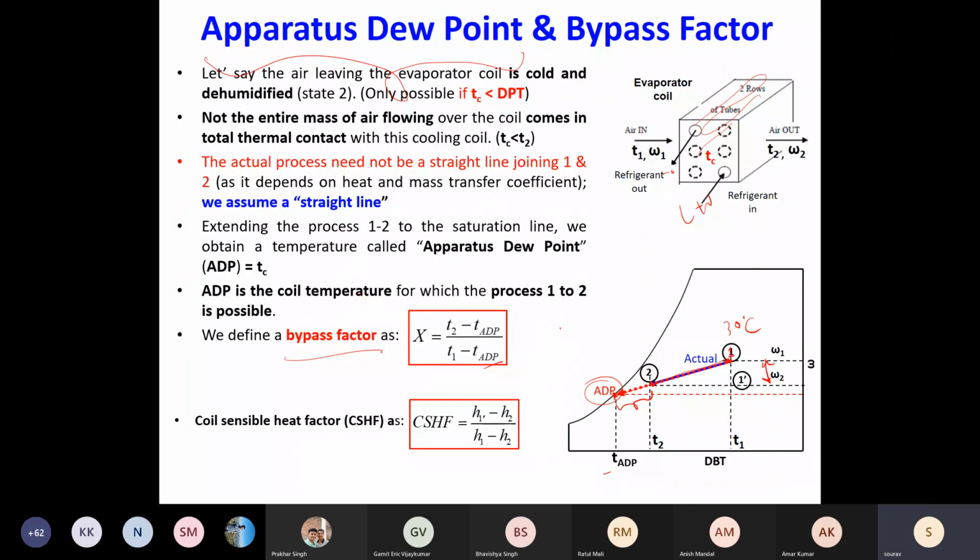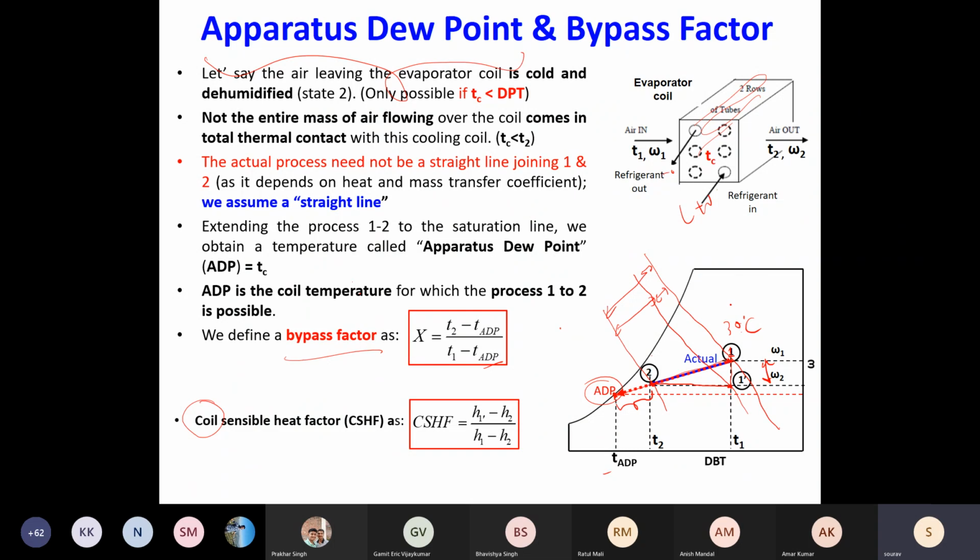And if I ask you what is the sensible heat factor, since it is for the coil, the coil term is added. So what is the sensible heat factor? If you draw these enthalpy lines, you complete this triangle. This is your 1 dash. So this is your total enthalpy change, this is your sensible enthalpy, and this is your latent enthalpy change.